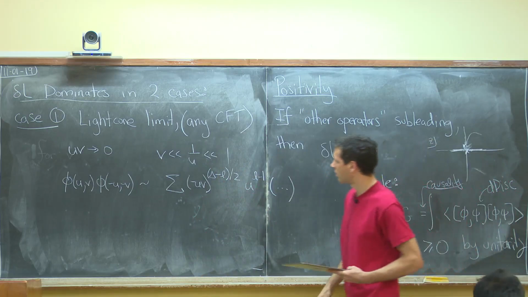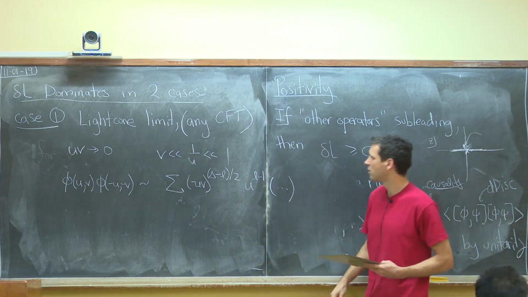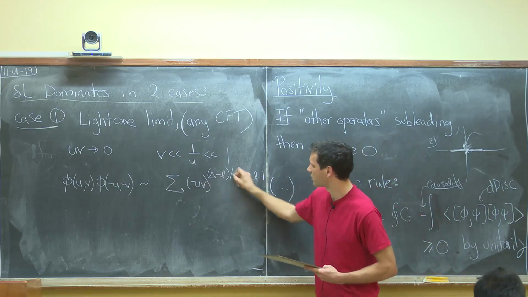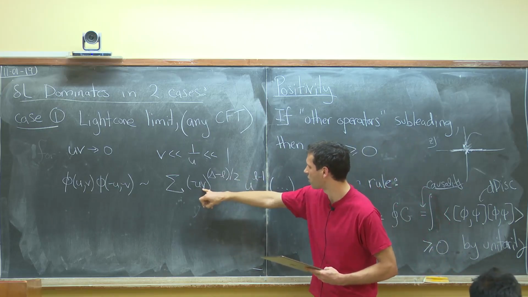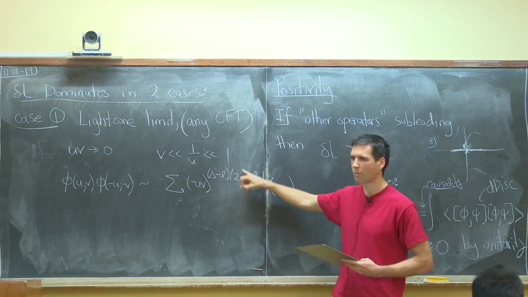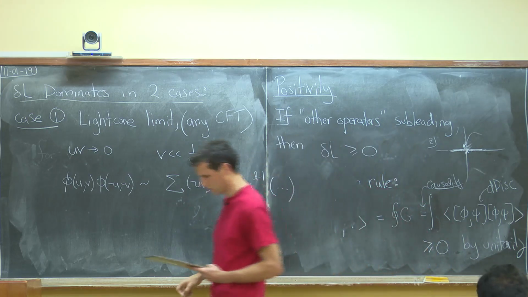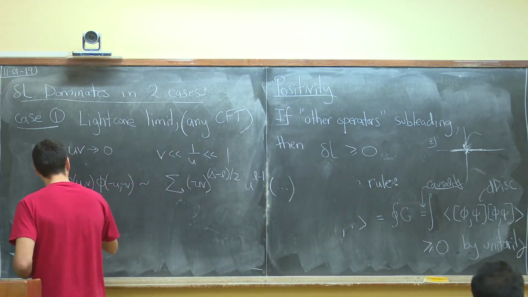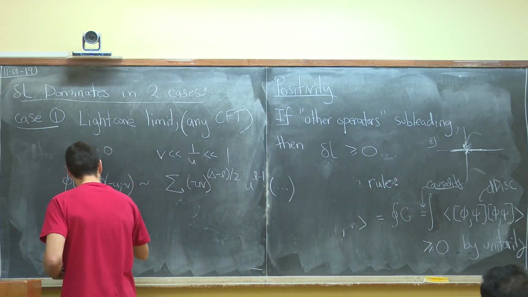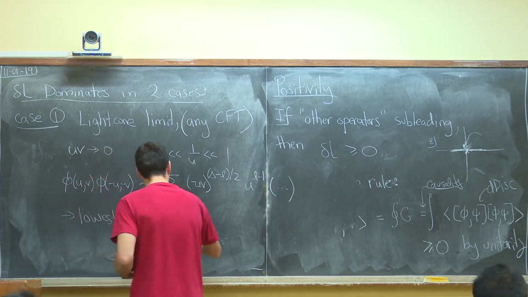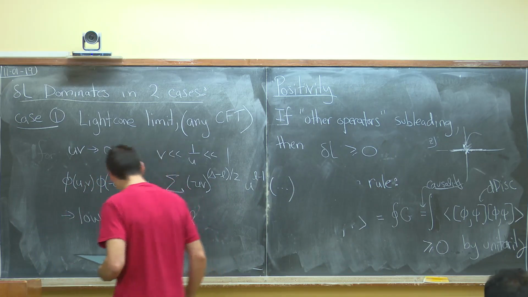The point being that in the light cone limit, so UV is going to 0, it'll be the operators of lowest twist, delta minus L, that are the most important.